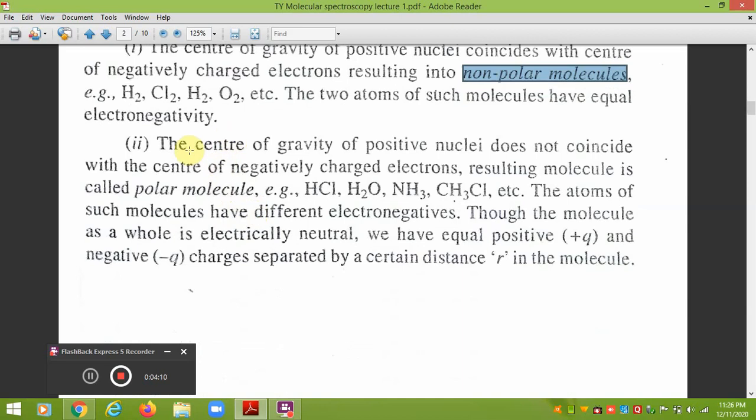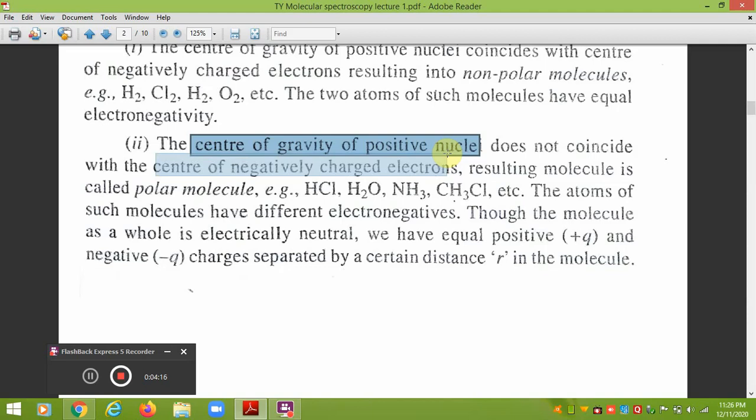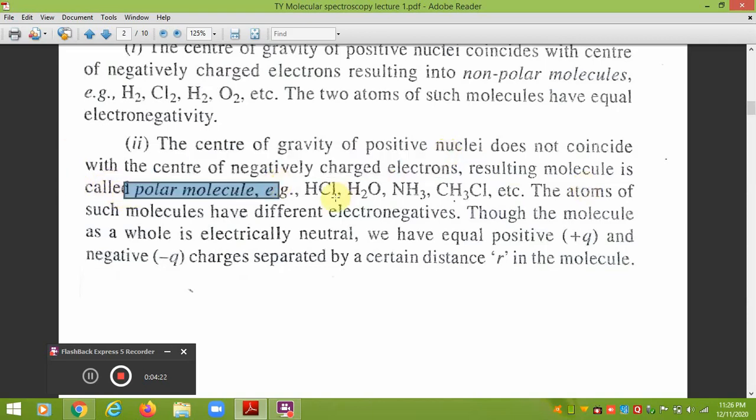In the second case, if the center of gravity of positive nuclei does not coincide with the center of gravity of negatively charged electrons, then the molecule is called a polar molecule. Examples are HCl, ammonia, methyl chloride, etc. In this type of molecule, the atoms have different values of electronegativity.